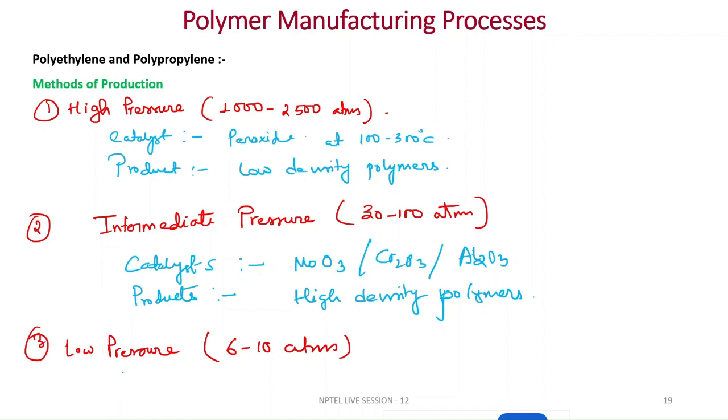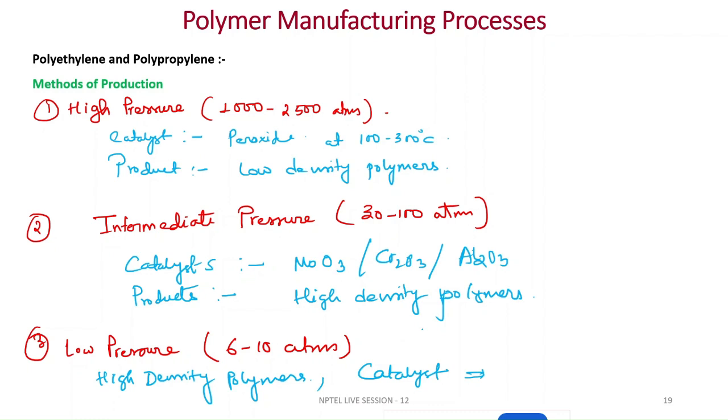In this process also we are preparing high density polymers, and it uses a catalyst of aluminum triethyl, activated with heavy metal derivatives such as TiCl4.